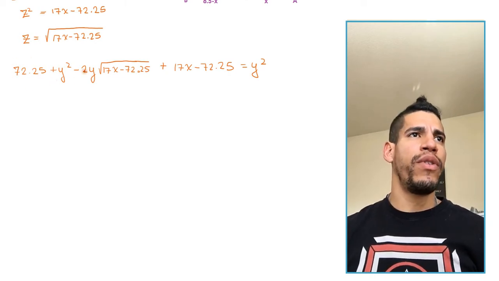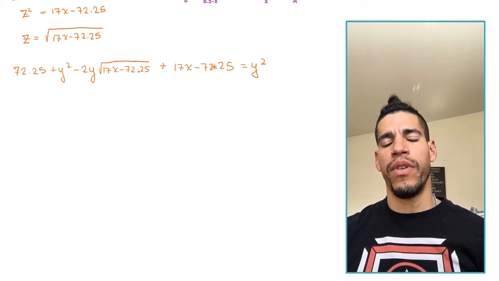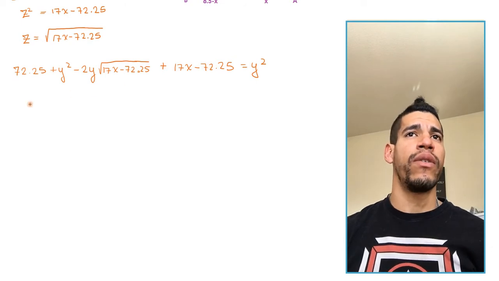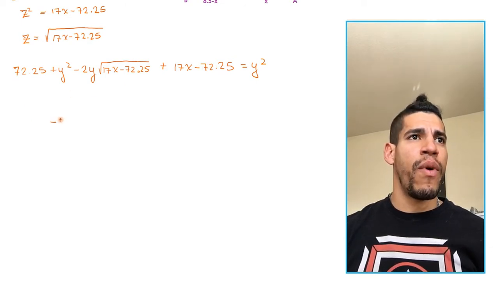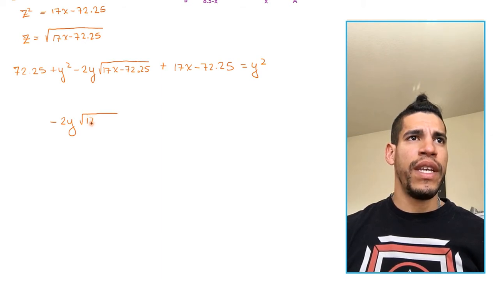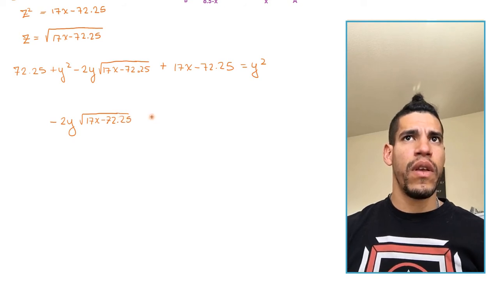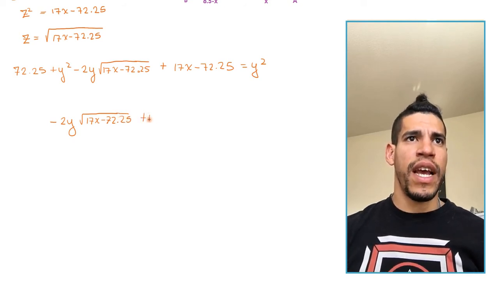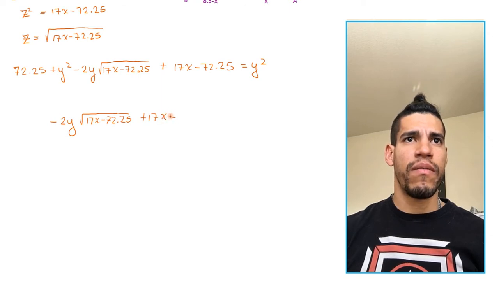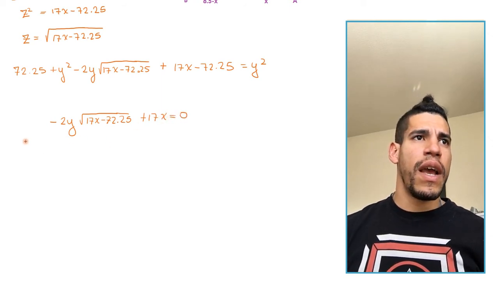The 72.25 and the minus 72.25 are going to cancel also. So you're going to have negative 2y square root of 17x minus 72.25 plus 17x equals 0. Okay?